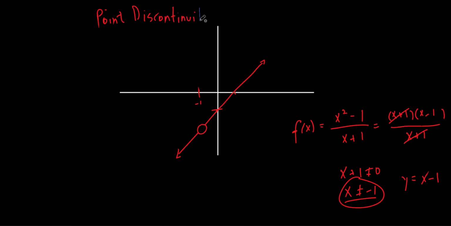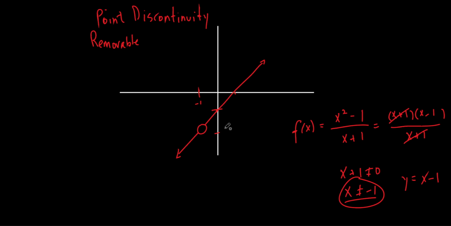I watched some videos on this, and there were more than a couple that called it removable. Now, you probably understand why they call it removable, don't you? Because we removed that point right there, didn't we? Everybody see that? So this would have been negative 1, negative 2. But that can't exist because of that negative 1. X cannot be negative 1, so this is not there.